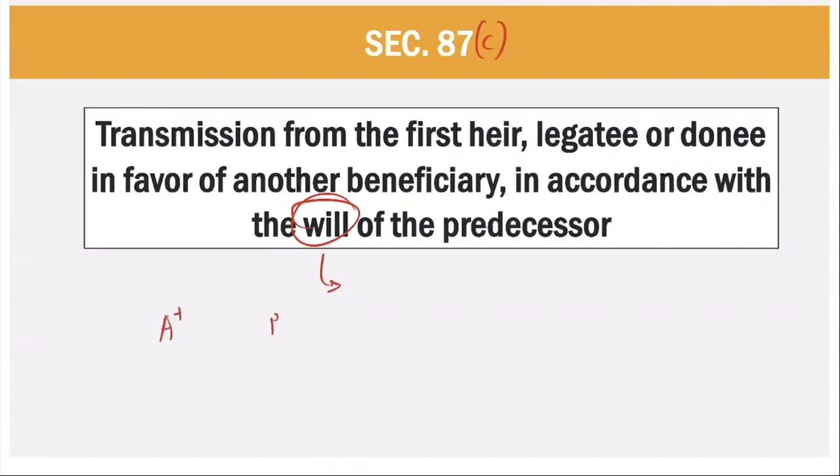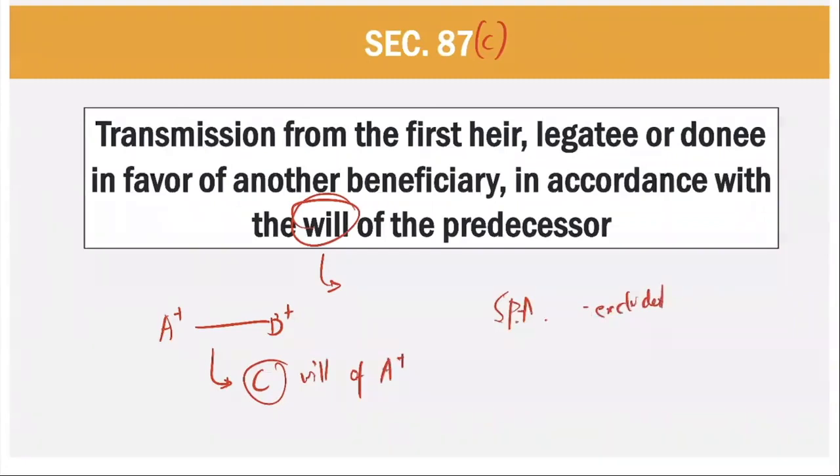So, A, namatay. B, namatay. Ngayon, magta-transfer na yung property papunta kay C. So, this C is based on the will of A na namatay. So, we call that again a special power of appointment. Special power of appointment, what is the effect? It is considered excluded. Okay. So if you are asked, what are the special power of appointments that are provided under the law?